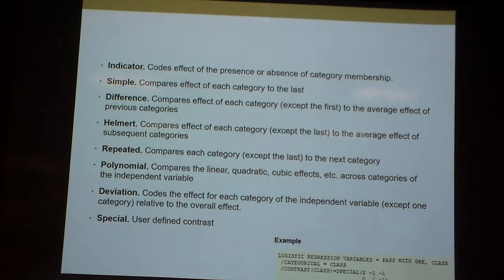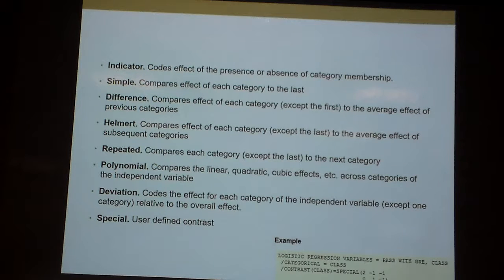So here it would be 0 versus 1, 1 versus 2, 2 versus 3, 3 versus 4, which could be something that's useful if that's relevant to your design. Difference compares the effect of each category to the average effect of all the other categories. Helmert compares the effect of each category, except the last, to the average of the subsequent categories.